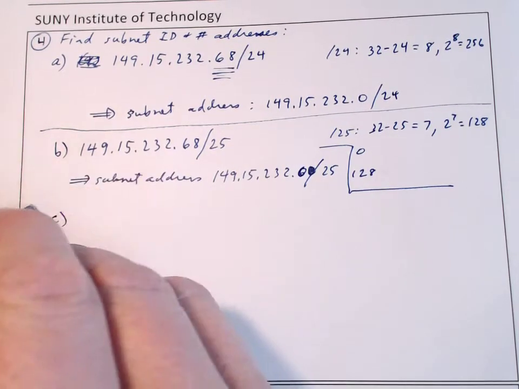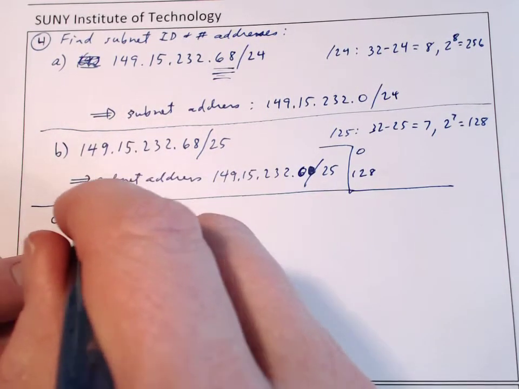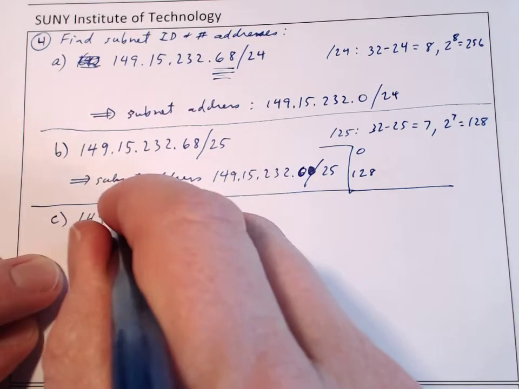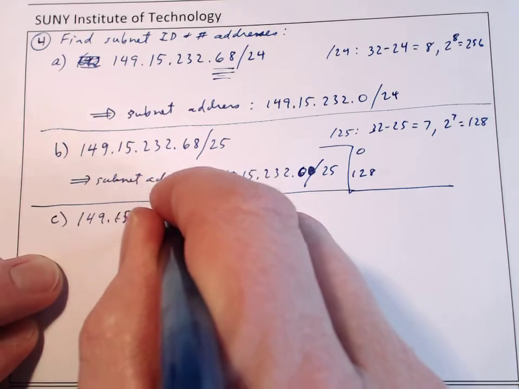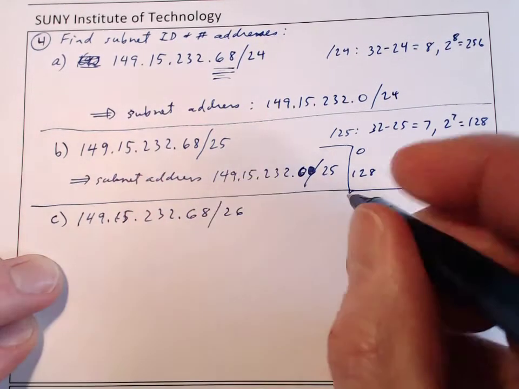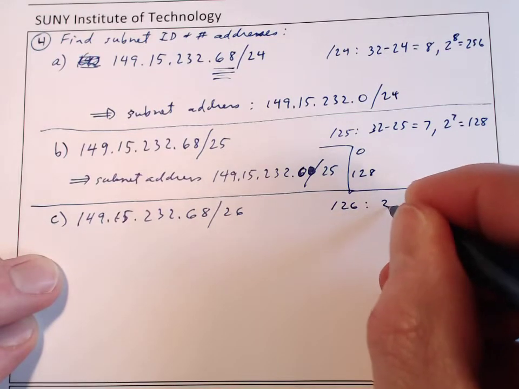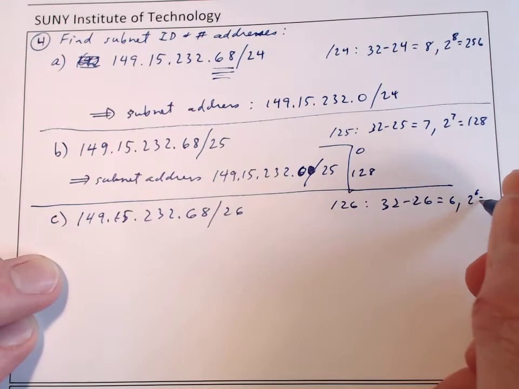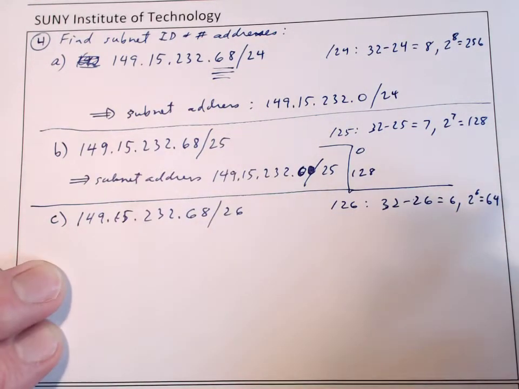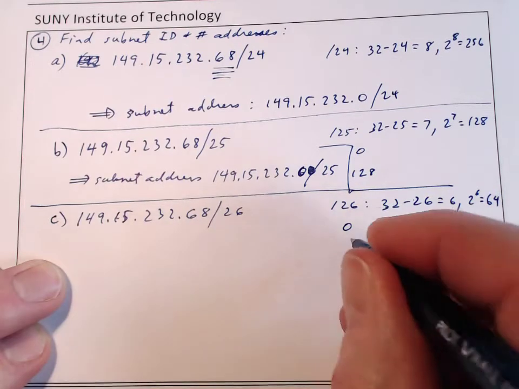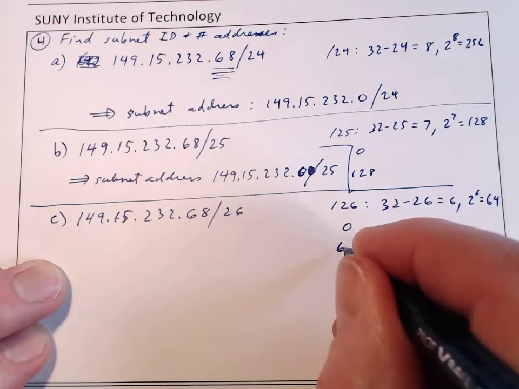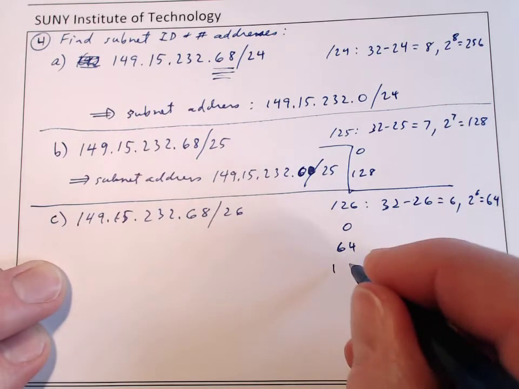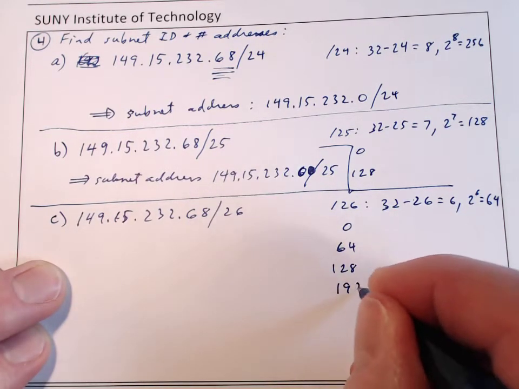Now when I go to a /26, 32 minus 26 is 6, 2 to the 6th is 64, and so I divide that last octet up into 0 to 63, 64 up to 127, 128, and 192.